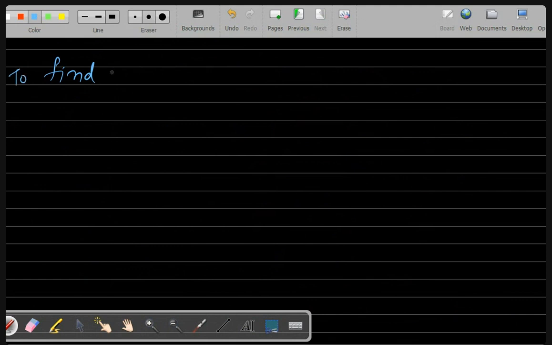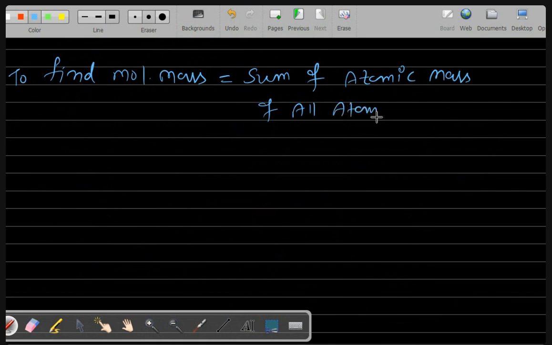So to find molecular mass, it is the sum of the atomic mass of all atoms, the sum of the total atomic mass.